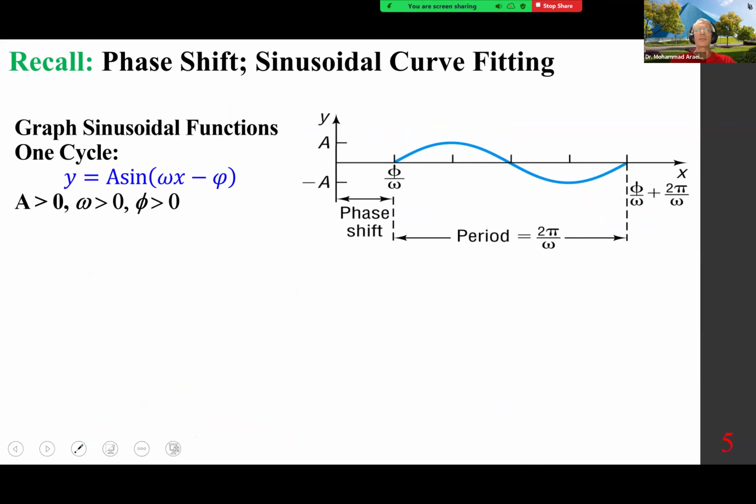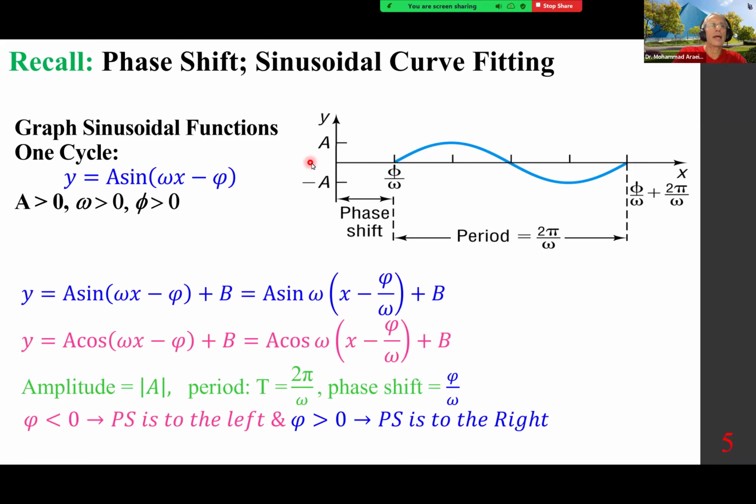As far as the phase shift is concerned, when we have y equals a sine of omega x minus phi, remember, we are assuming a and omega and phi are positive, the period T gets divided by omega, so period is 2 pi over omega. And if you take the omega out, this becomes phi over omega, and that's the amount that has been shifted to the right, called the phase shift.